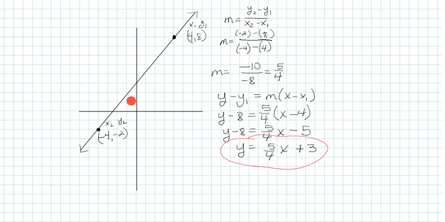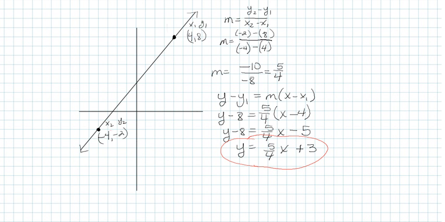This one, you see the graph we are given with points at negative 4, negative 2, and 4, 8. So we need to find our slope. Once again, we have denoted which one of ours will be the x sub 2, y sub 2, and x sub 1, y sub 1.